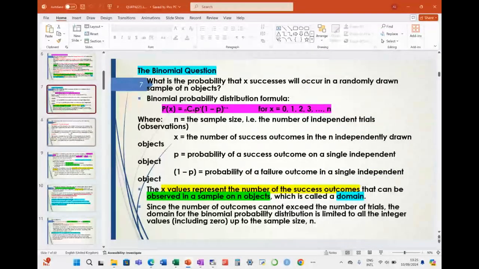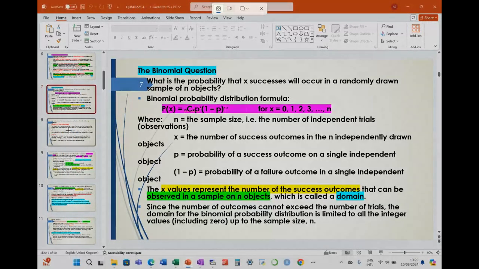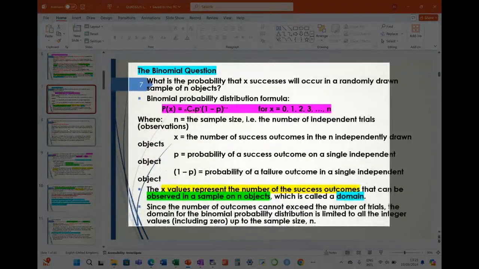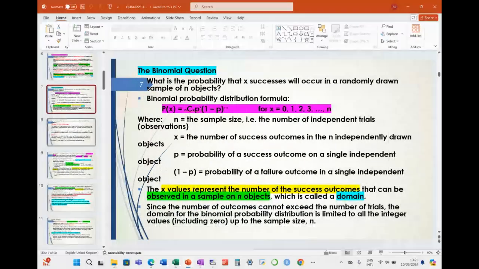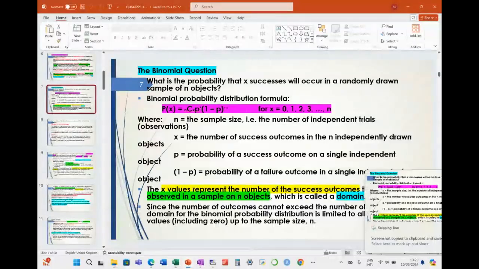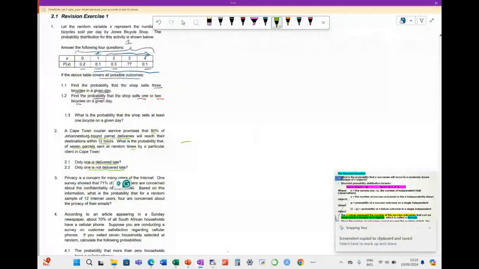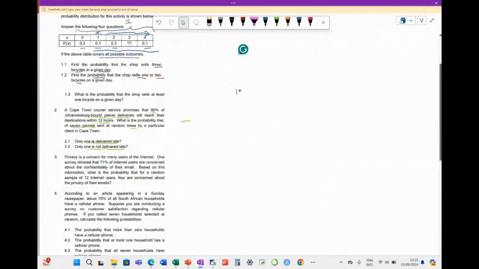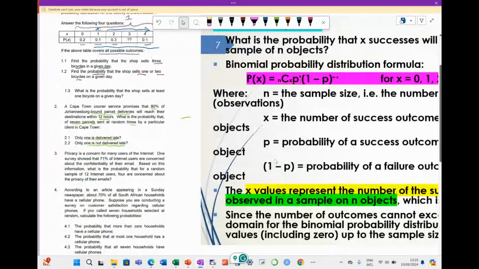Okay, so what do I want to do? I want to screenshot this. Okay, now we have to make sense of this. Where do I want to paste this? Let's paste it up here next to question 1. Okay, let's see.